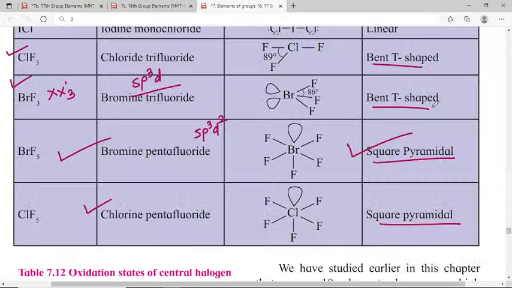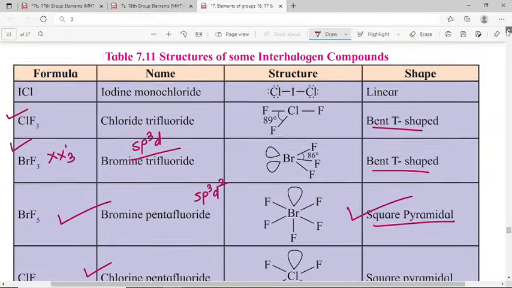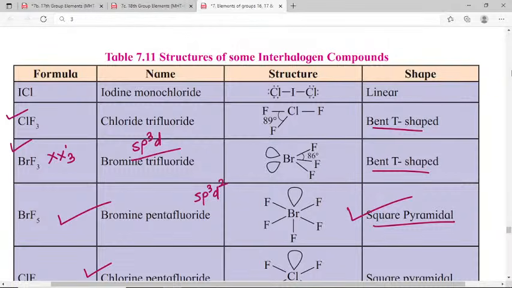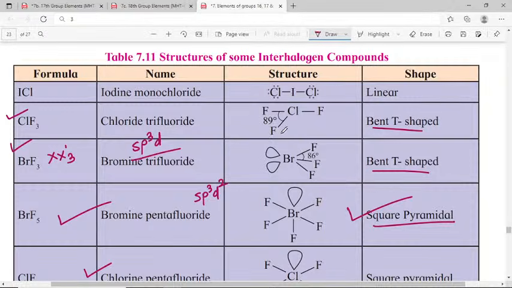I am showing the structure here with 2 lone pairs. Please note the bond angles, 89 and 86. ClF3, BrF3, chlorine trifluoride, bromine trifluoride, bent T shape. Bond angle is very important, 89, 86.